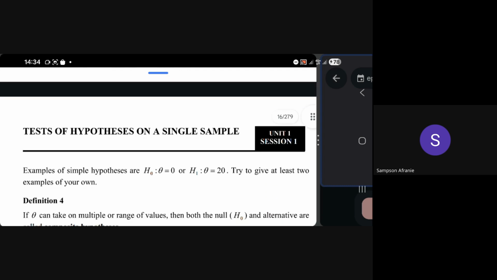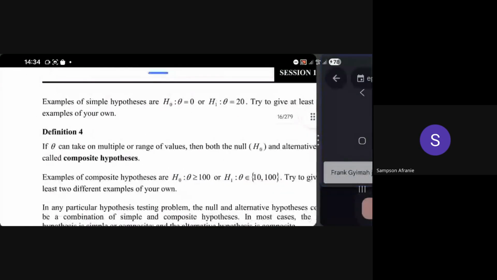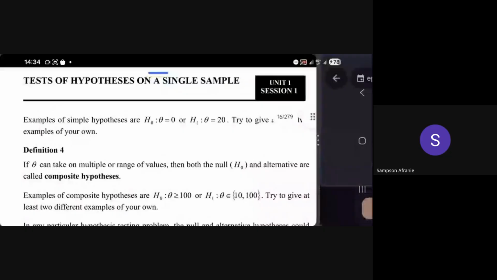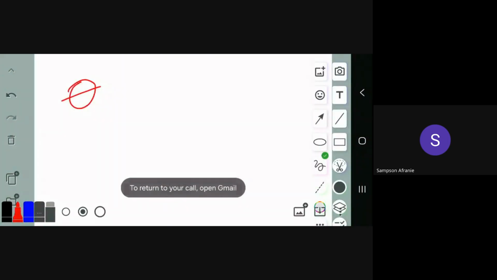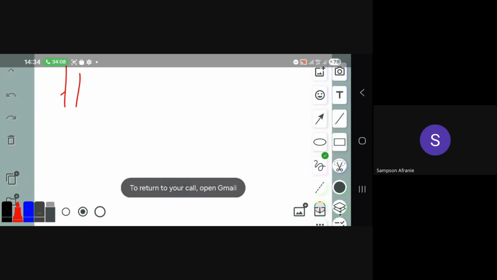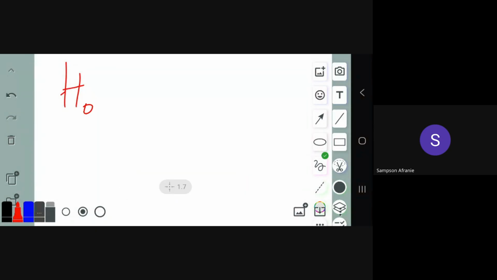These are possible objective questions. However, if I get answers or solutions that are more than one, then it means I'm getting a composite. A simple one may be in this form: H naught says the mean is 20.